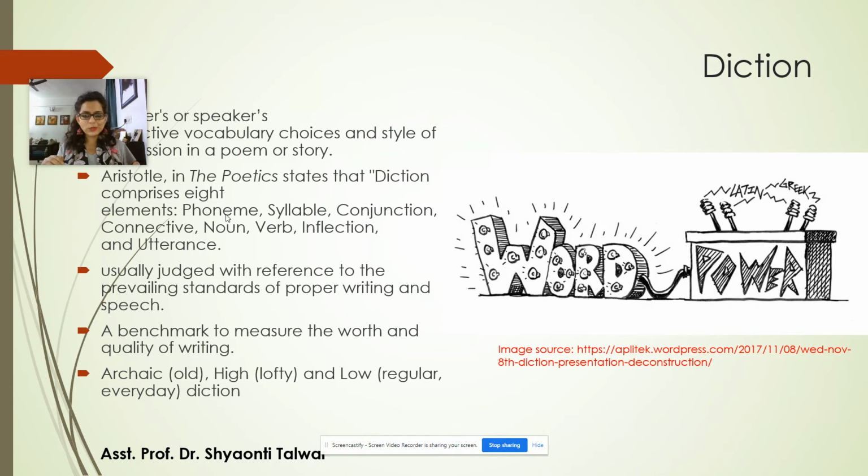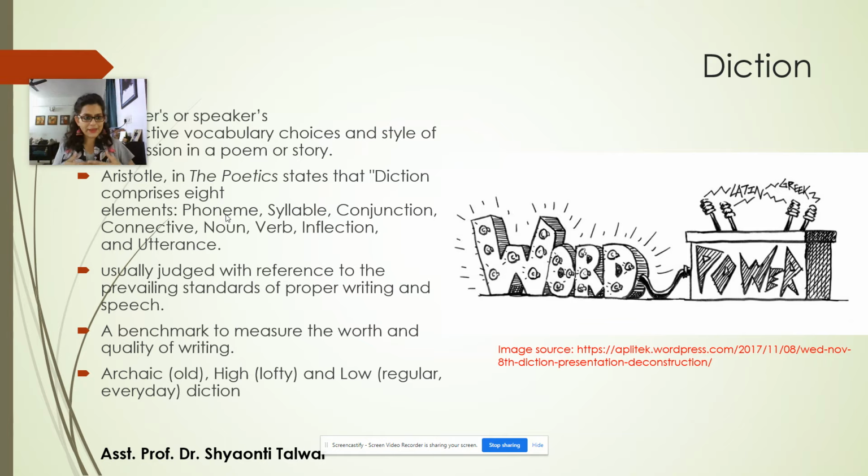So in decorum also we saw how the literary genre, if it's a particular literary genre like an epic or a tragedy, the characters, the dialogue they engage in, the language they use, the narrative style, the plot, everything has to be in accordance with the literary genre.